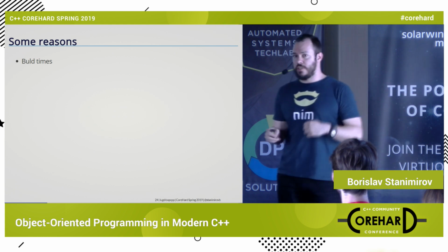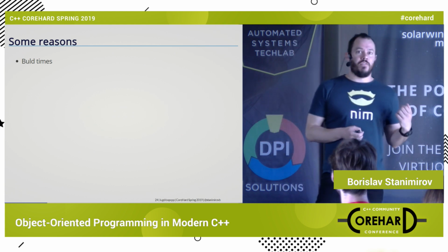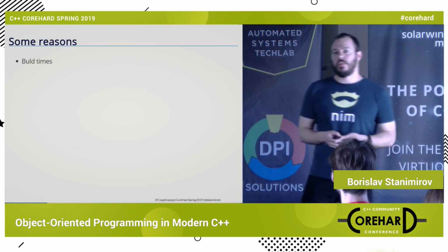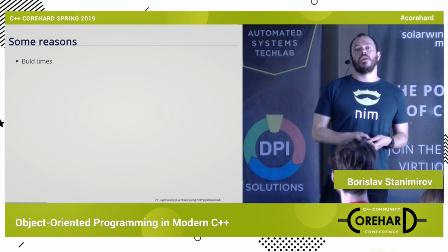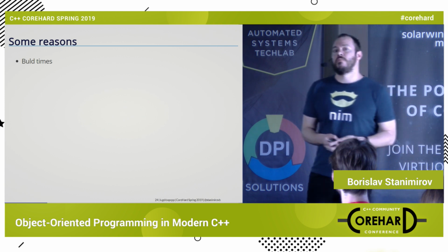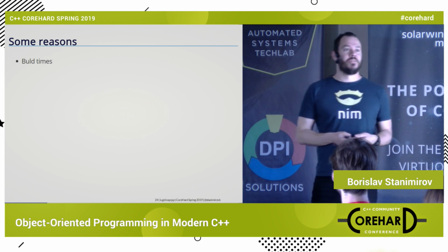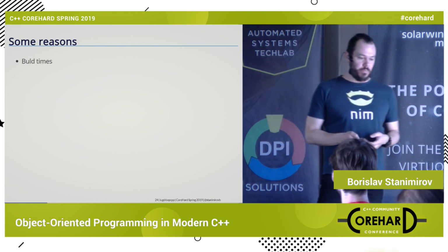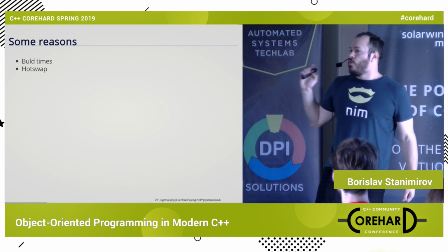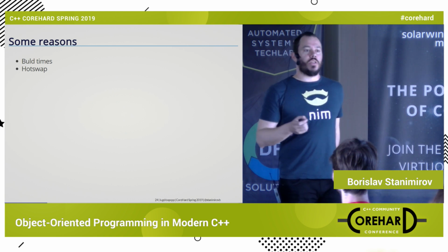But as we heard in our previous talks, we have a lot of things to do for it. The previous talk was entirely focused on build time optimizations. The one before that mentioned modules, and modules are, in some cases, really helpful in optimizing build times. But when we talk about hot swap, this is not usually the problem.